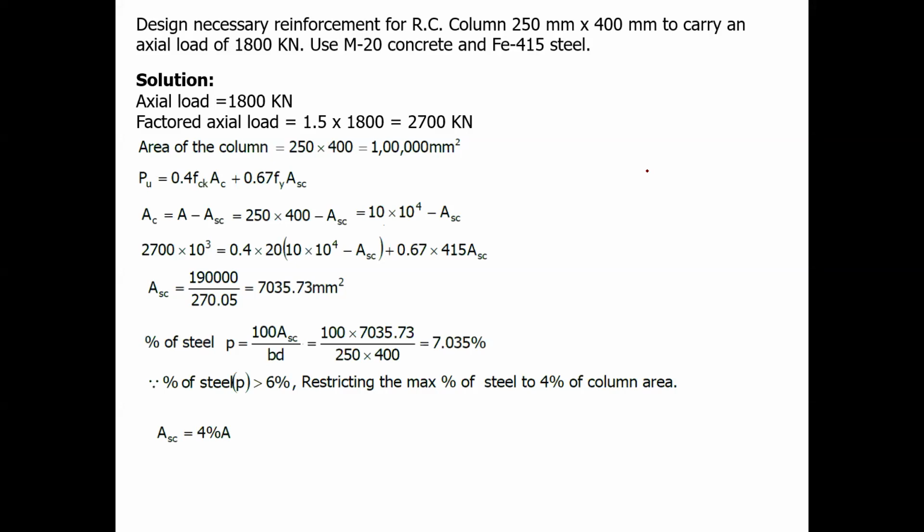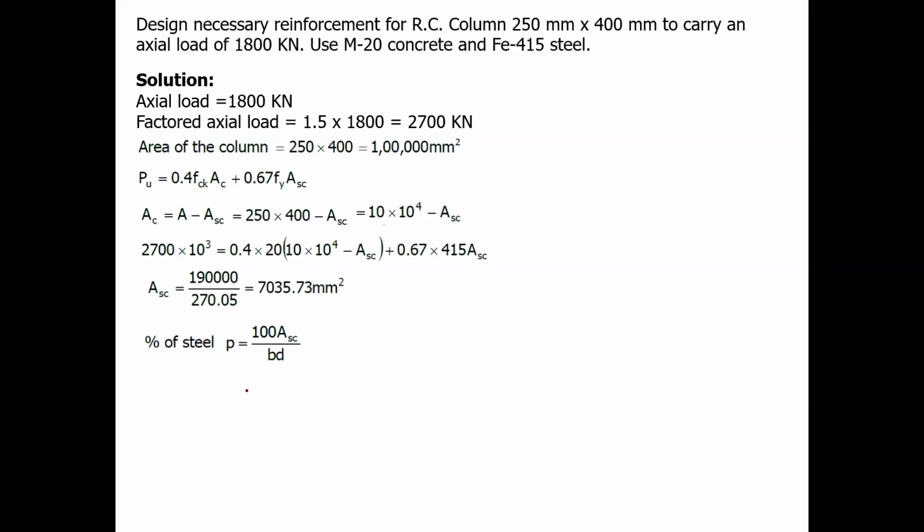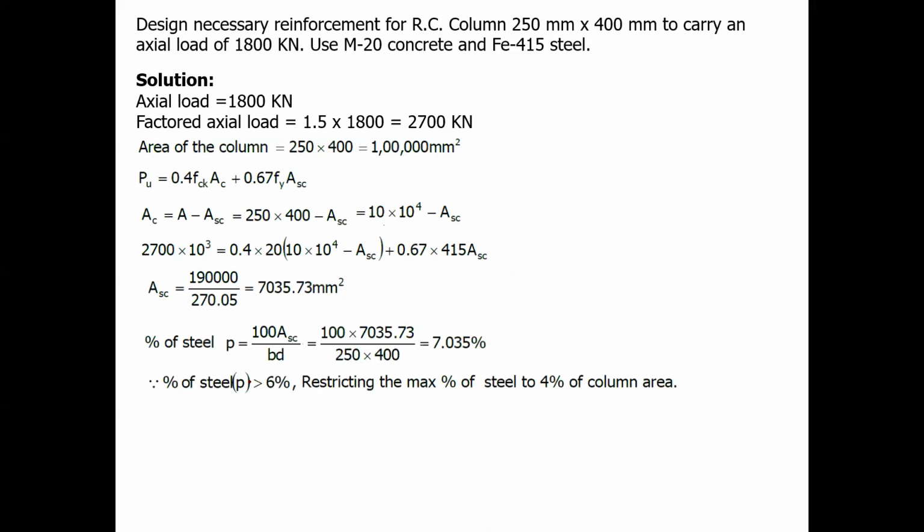Take down, because the percentage of steel is greater than 6%, restricting the maximum percentage of steel to 4% of the column area. So this is as per the codal provision.